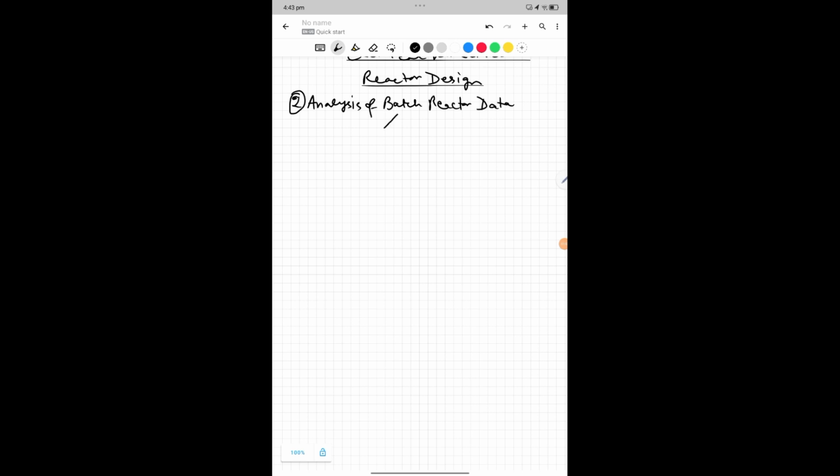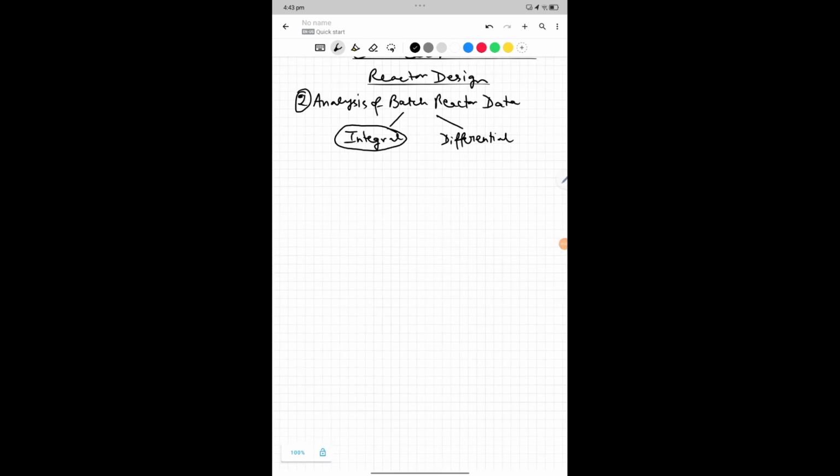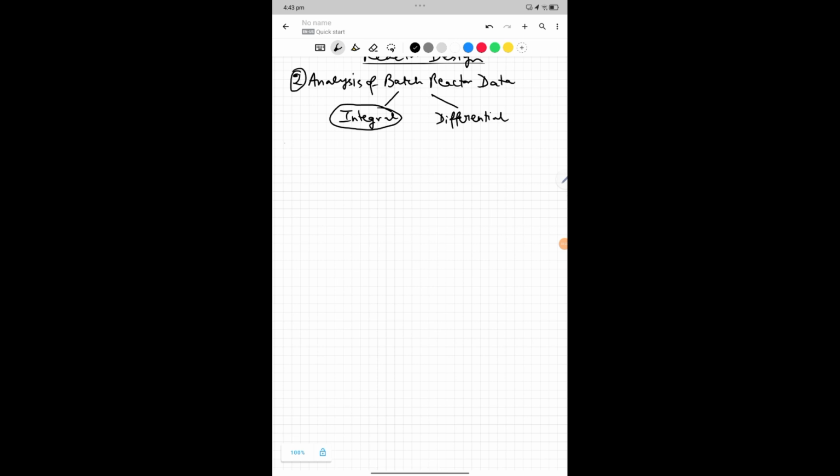One is the integral method, and another is the differential method. For now we will proceed with the integral method. Let's see what we have in the integral method.